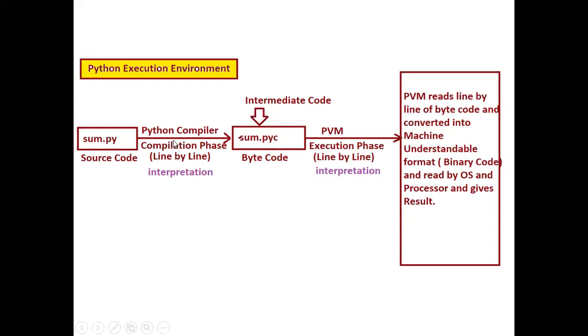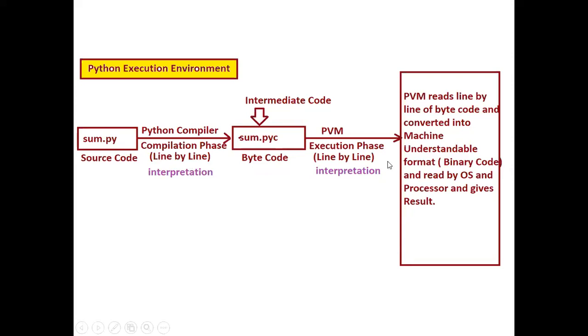After that, the compilation process takes place. The Python compiler compiles line by line, and the intermediate code is changed into sum.pyc, that is the bytecode.